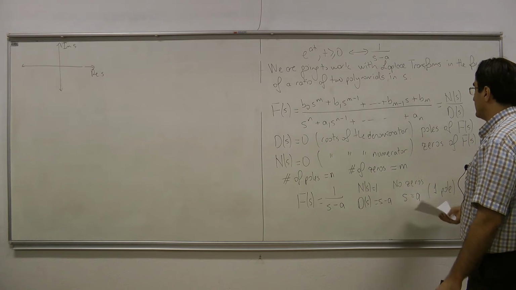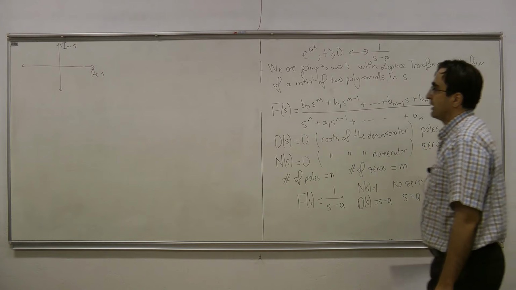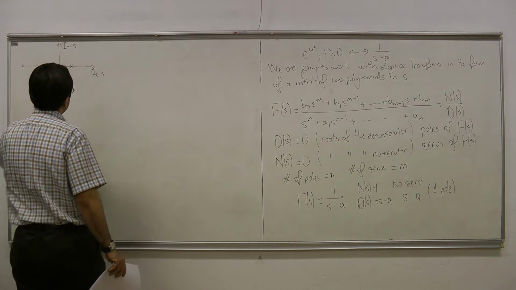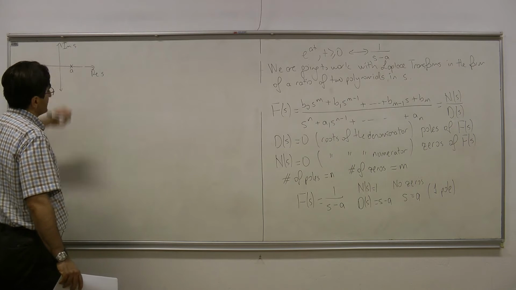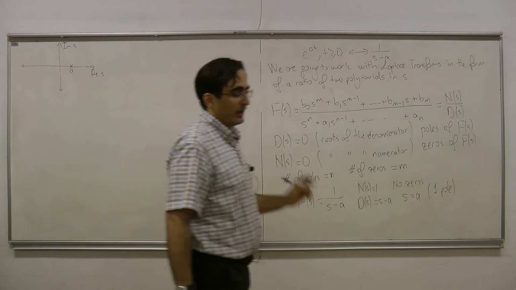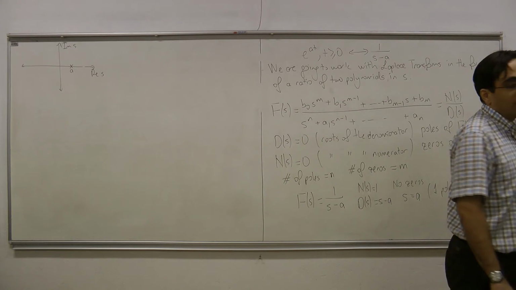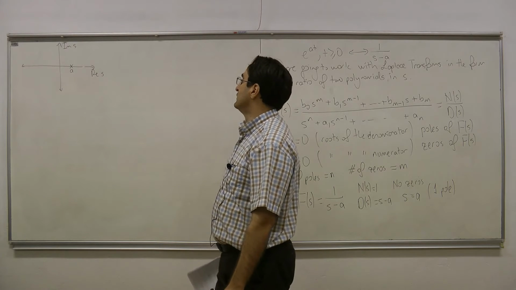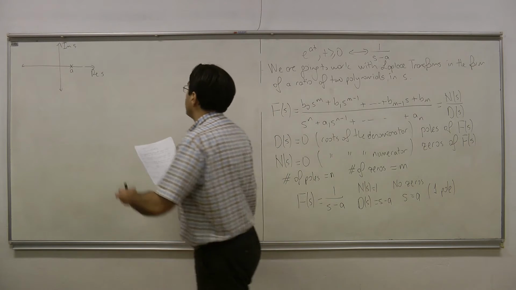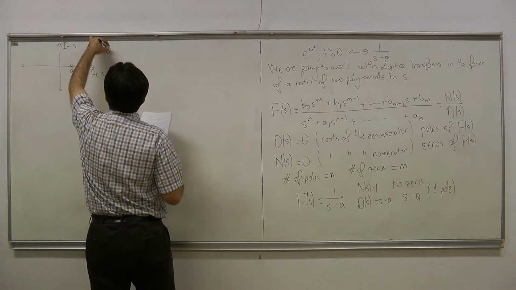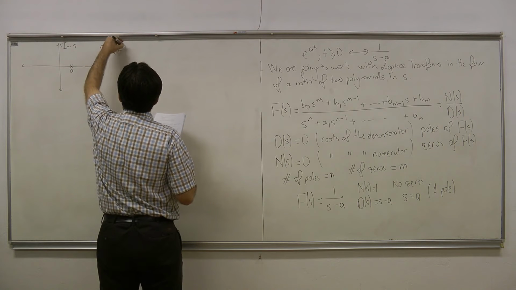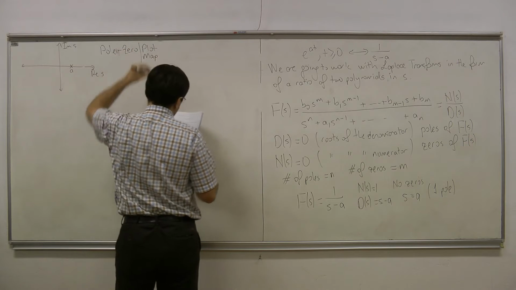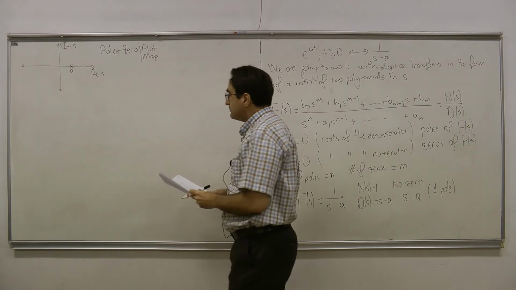And for poles, I need to show s equals a. Suppose that a is positive, then I will mark the point s equals a here. I assume that a is a real number and a positive real number. So in that case, I would have such a pole zero map. This is either called a pole zero plot or pole zero map.